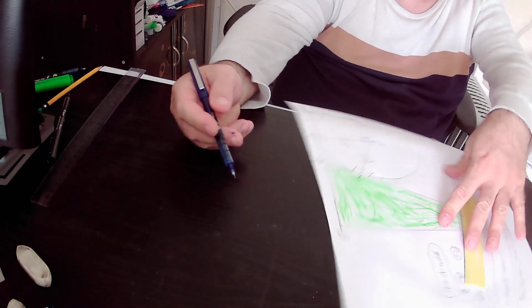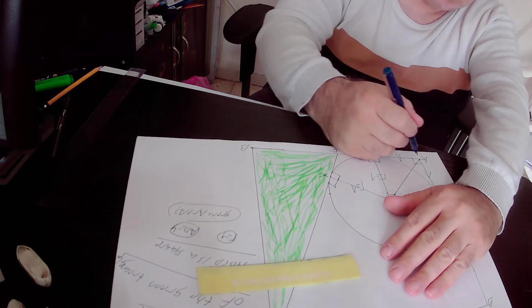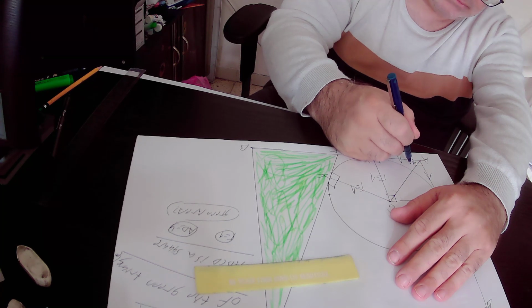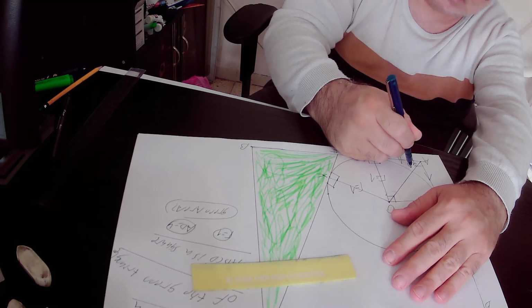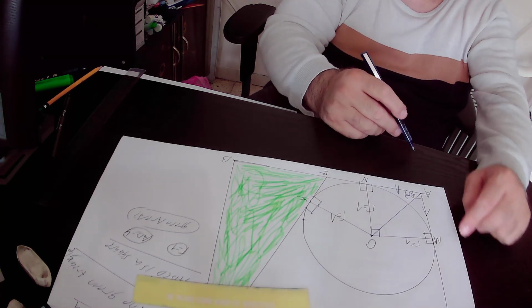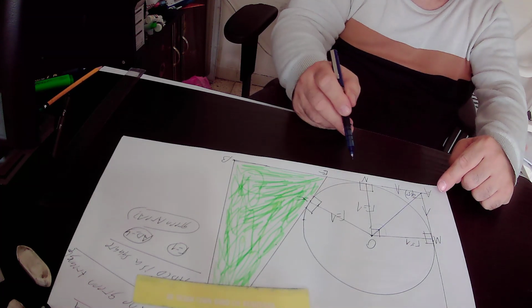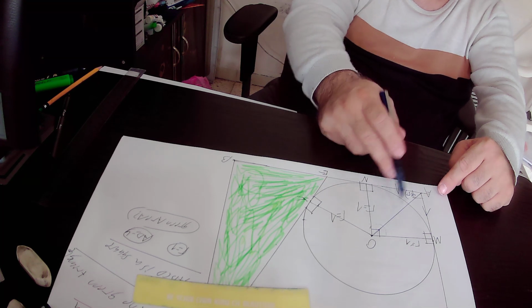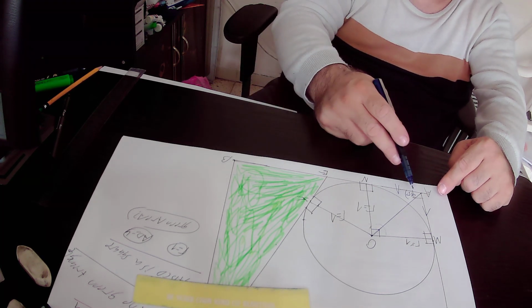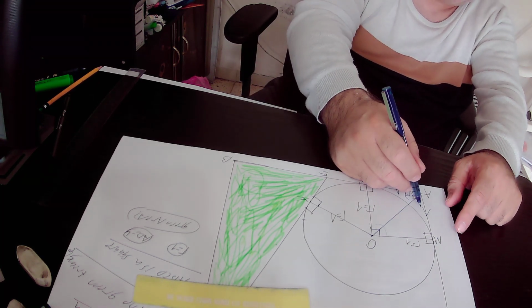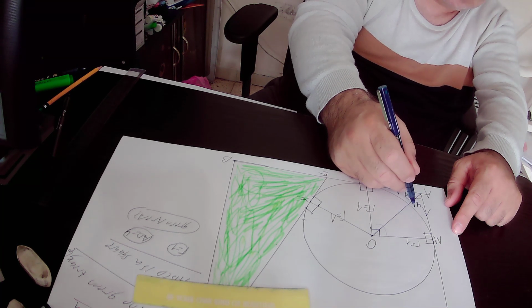That is to say, this angle will be equal to 45 degrees according to rule number 6. Angle OAN or OAB will be equal to 45 degrees, and this angle also will be equal to 45 degrees.